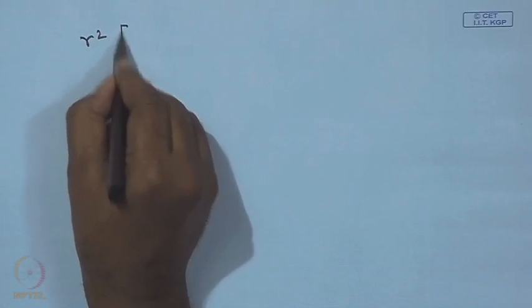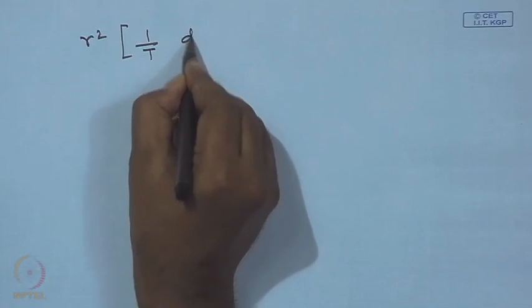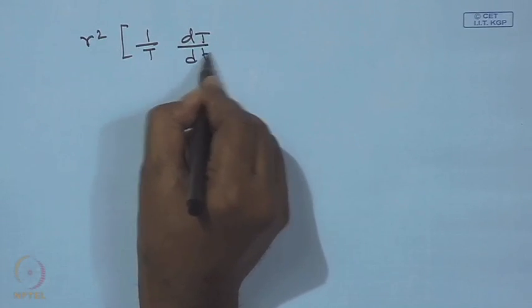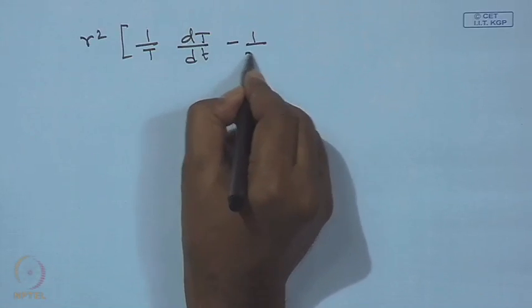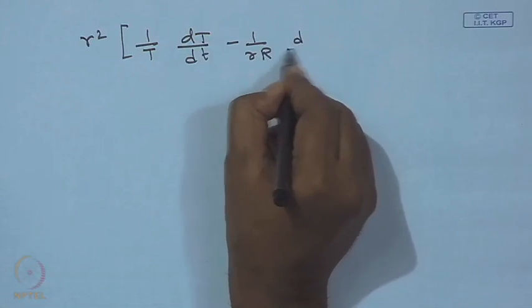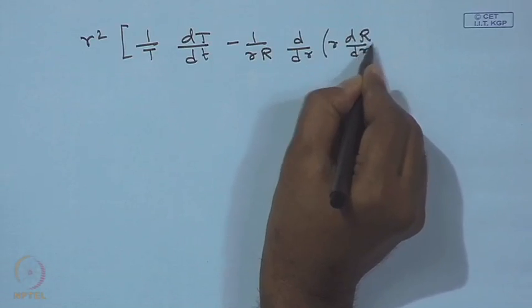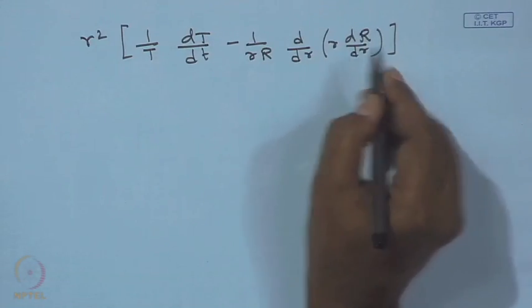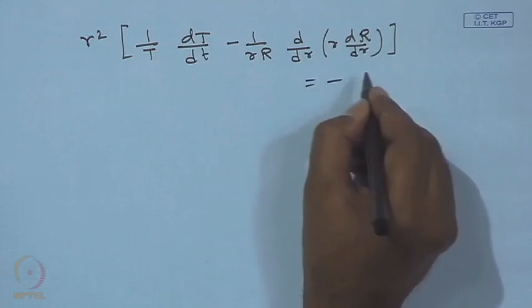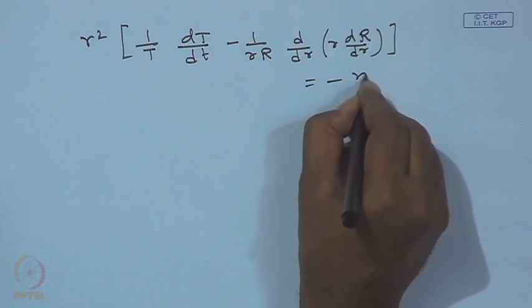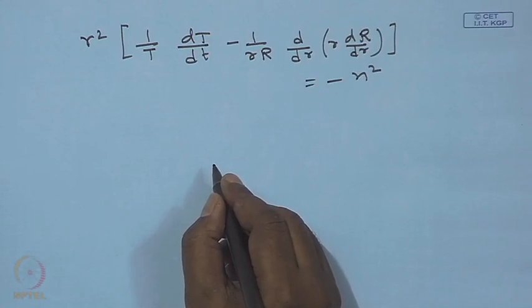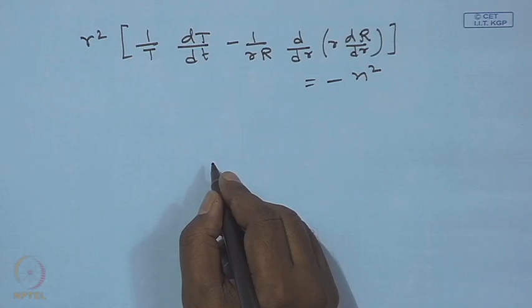If you look into the solution of the other part, r square 1 over T dT/dt minus 1 over r d/dr of r dR/dr is equal to minus alpha square. We have found out that alpha is equal to n, so it will be minus n square.